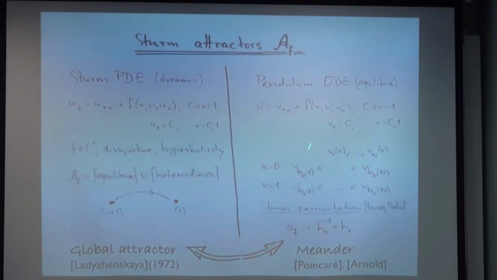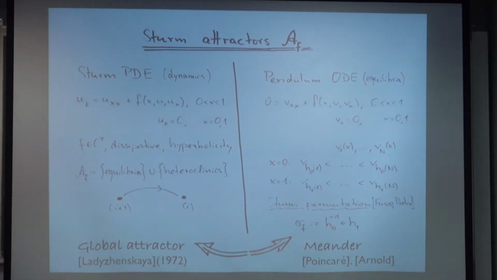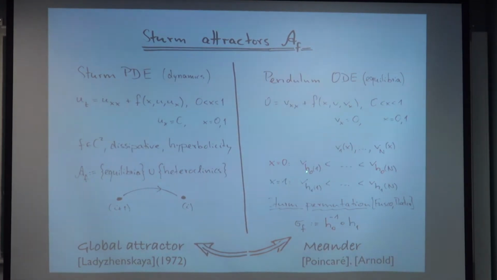And on the other side, we have the pendulum ordinary differential equation, and we have Poincaré, Arnold, what have you. And we have, for example, orderings of our equilibria. We can enumerate them, we can order them at the boundary x equals 0, x equals 1. The orders may be different, and they define a permutation which measures how the equilibria are ordered differently at x equals 0 and at x equals 1.